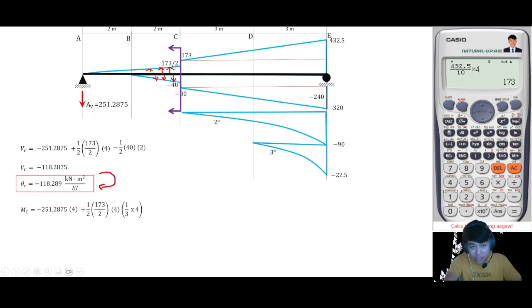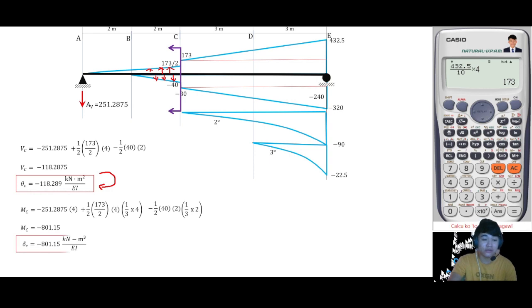This triangular load, negative triangle, so counterclockwise, negative 1/3 of 2. So the value of moment is equal to negative 801, which is also a negative deflection. Again, negative deflection refers to a downward deflection. Last one is the deflection at C.